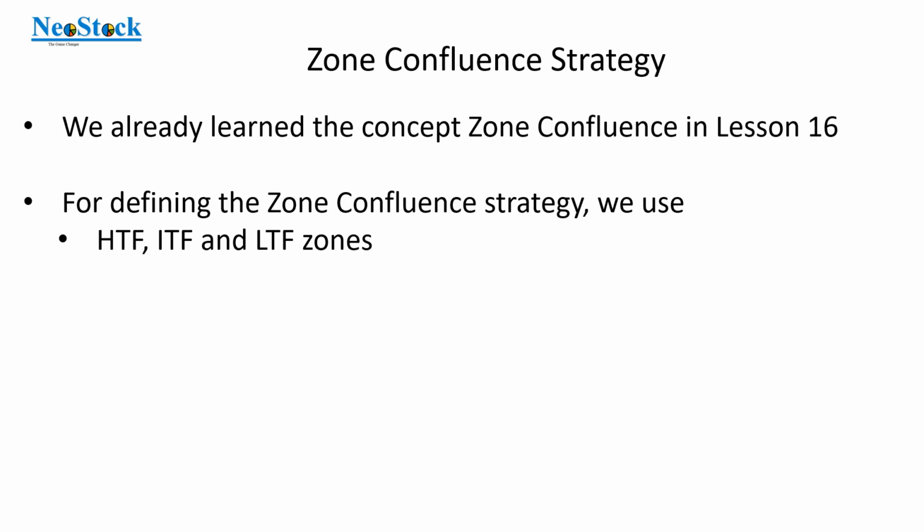And there is another rule also. You can define a zone confluence strategy only by using an ITF zone and LTF zone. You can ignore the HTF zone. Even by using ITF and LTF, you can define the zone confluence strategy.